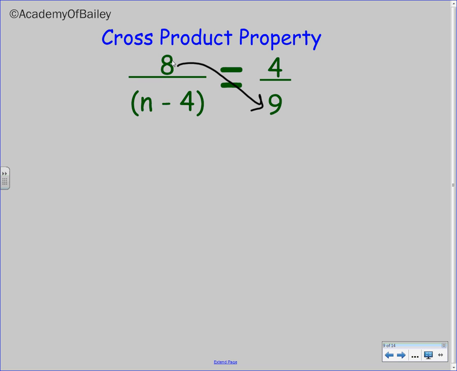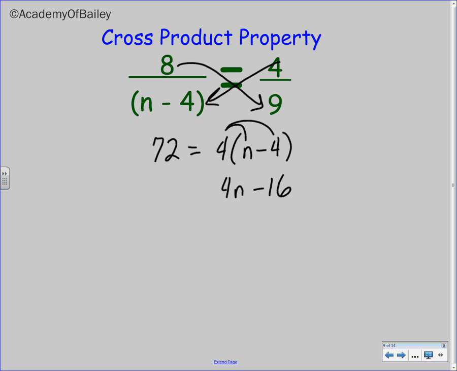I'm going to say 8 times 9 is 72, and then 4 times the bottom. The bottom happens to be n minus 4. So when we distribute, 4 times n and 4 times negative 4. And so now we just need to solve for n.